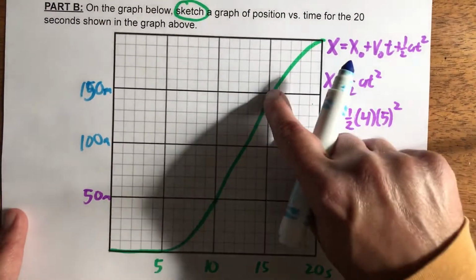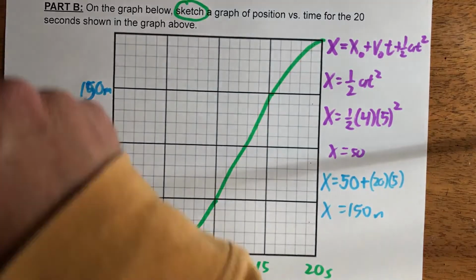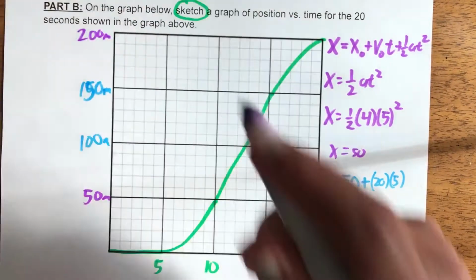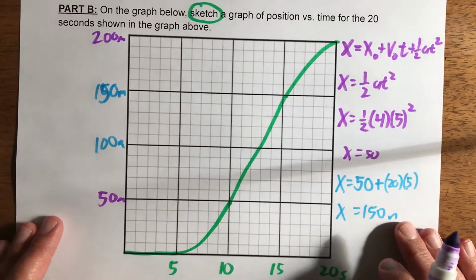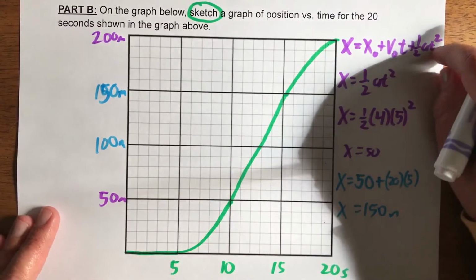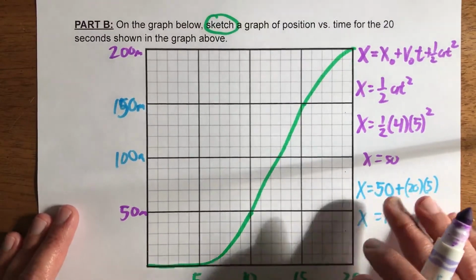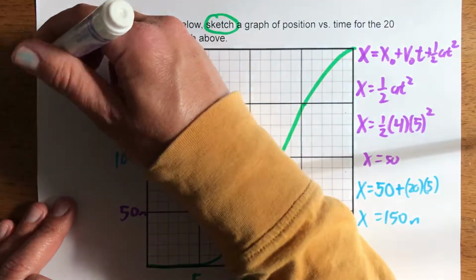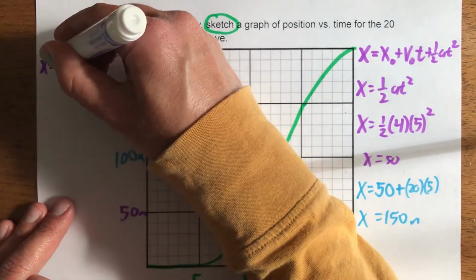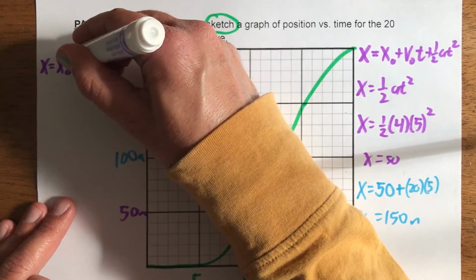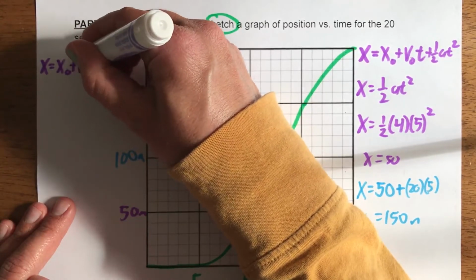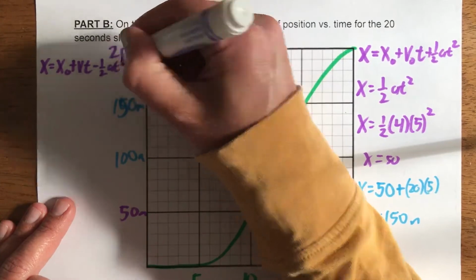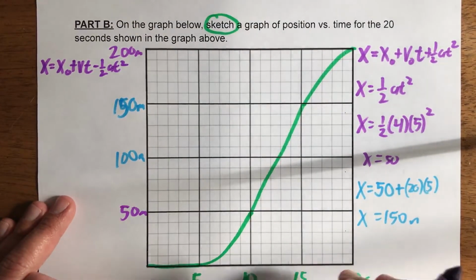And so finally, let's figure out what this last part is. Although we can see it, let's just prove it. The way I've sketched this graph out, this should be 200 meters right here, but let's make sure that that actually comes out that way. Now, to figure out the last part, it's actually useful to use the fourth equation because the final velocity gets back down to 0, remember? So we'll use the final position is equal to the initial position plus the final velocity times time minus 1/2 at squared. And so that's the fourth equation, remember?